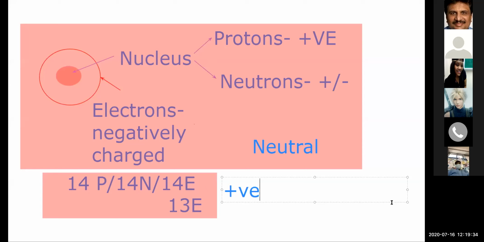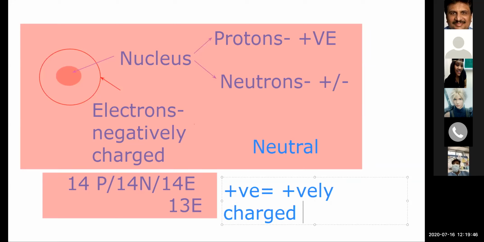This atom becomes positively charged, and instead of calling it an atom, it is called an ion, a positive ion. When an atom either loses or gains an electron, it becomes a charged entity, and that entity is called an ion.